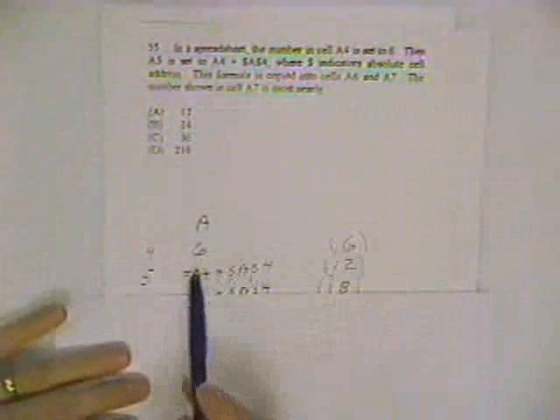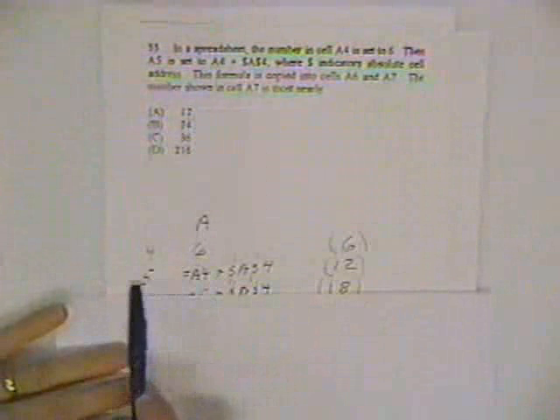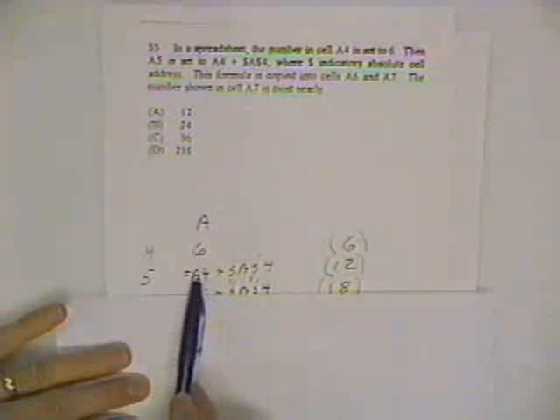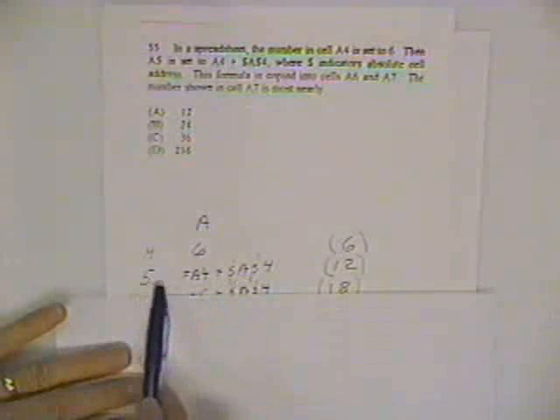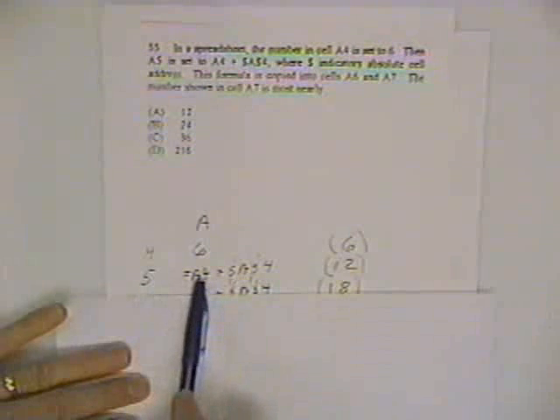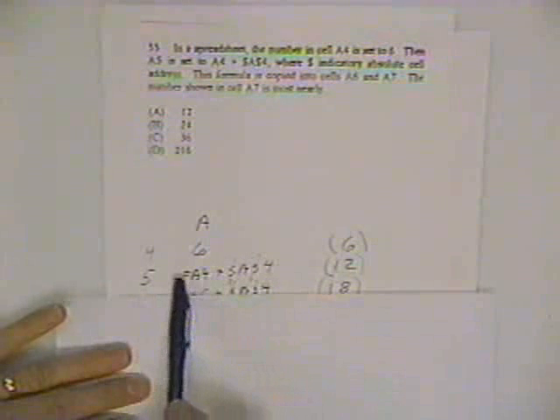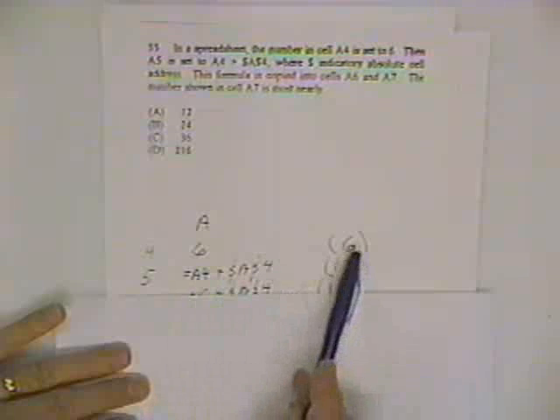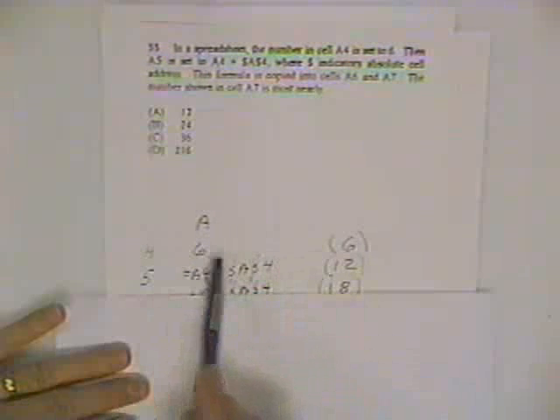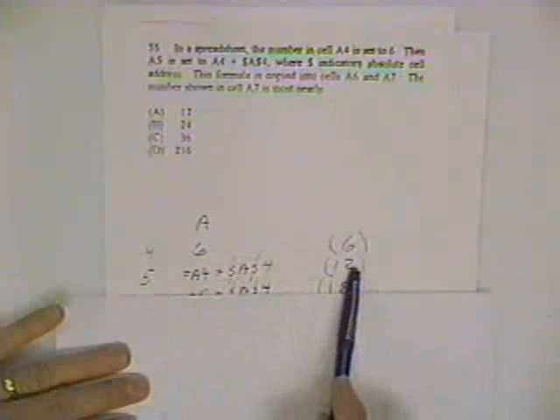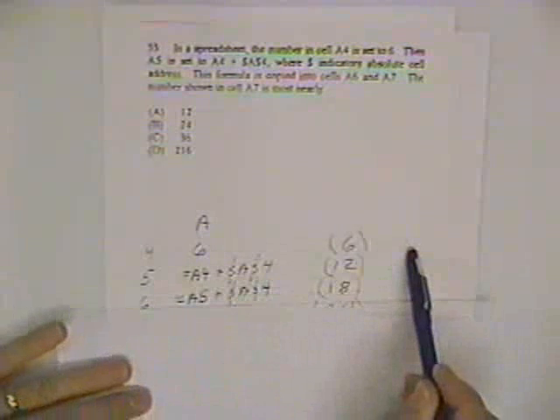Then in cell A5, column A, row 5, a formula is placed that says calculate the value in cell A5 as the value in cell A4 plus the value in cell A4, where the first is a relative address and the second an absolute address. So the computer would say, get the value in cell A4, which is 6, add the value in cell A4, which is 6, and you'd calculate a value of 12.